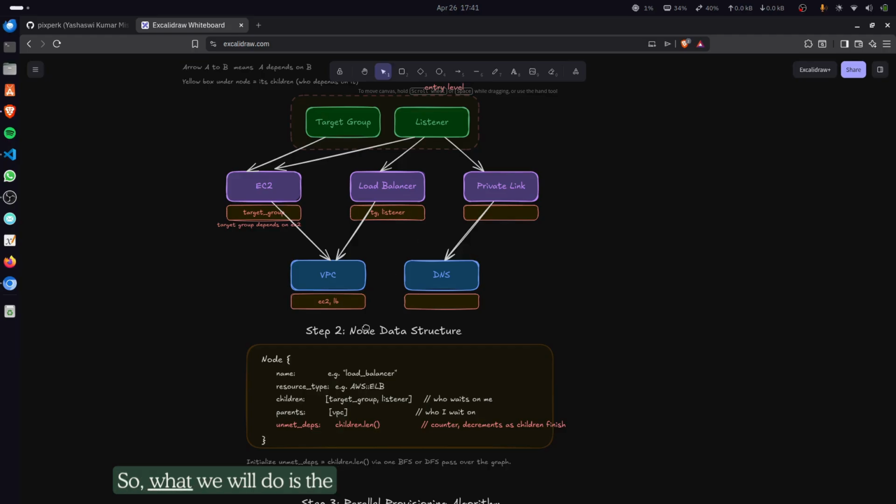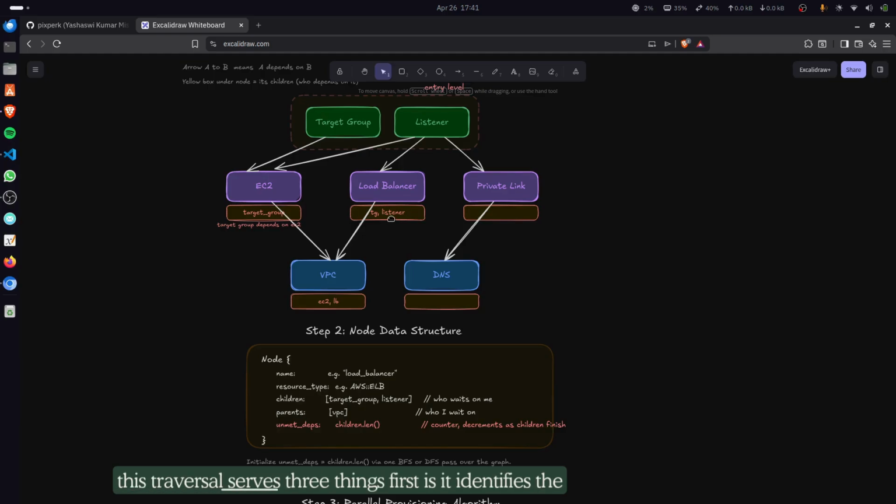So the first run would be a BFS or DFS, because ultimately we will have to traverse this graph once in order to solve this. We will take the count of children, and we will also store the parents in a data structure like we have them stored here.